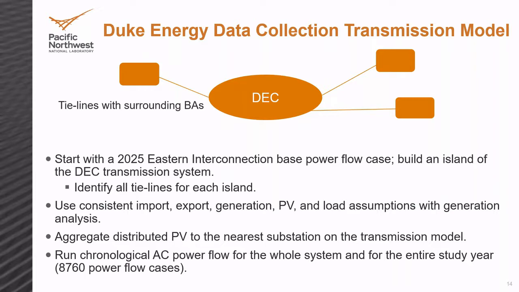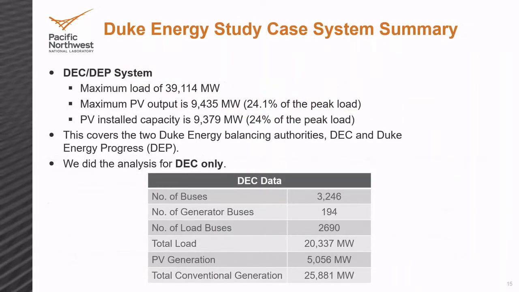In terms of PV, or let me talk here a little bit first before explaining how we develop the PV time series. So the Duke Energy system in the Carolinas has two balancing authorities, about 40 gigawatts of load. And in our simulation, we consider a case with about 25%, which is about 9.5 gigawatts of solar.